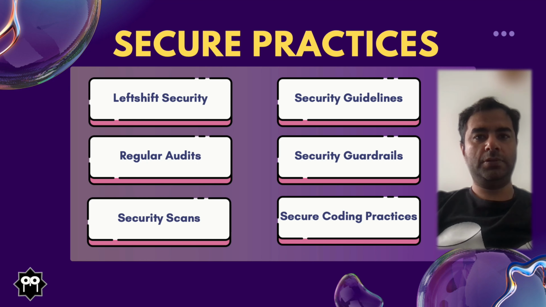We must have regular audits to check whether the libraries and dependencies that we are using are in the correct format or not, and whether the developers or the people in the system are aware of these security practices. Guidelines and guardrails must be issued to the people in the system. Regular security scans and secure coding practices must be followed to ensure the system that we are developing is secure.